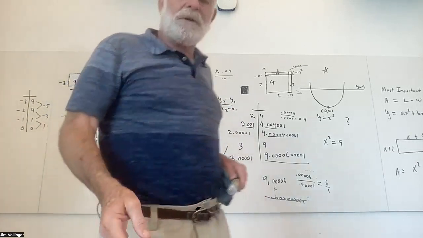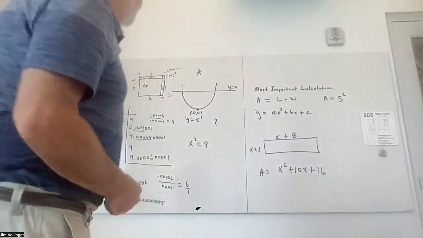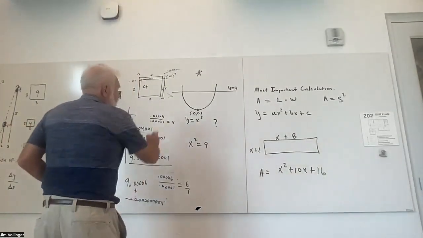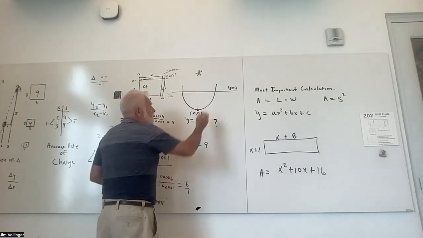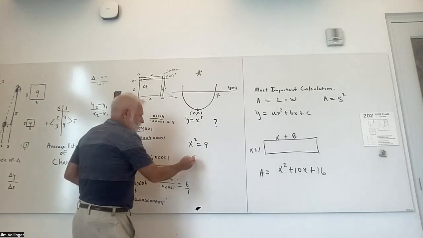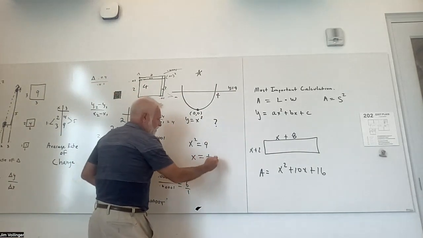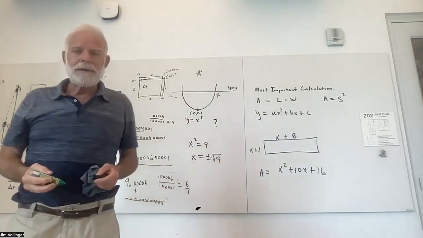All right, so what are some of the things you're going to be working with and need to know? Well, one thing is the parabola, cup-shaped. If we wanted to hit a height of 9, there's a positive side and a negative side. So when you solve this, you need to say plus or minus the square root of 9, which is plus or minus 3.